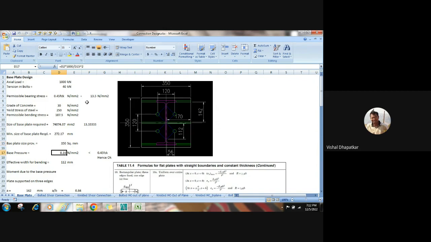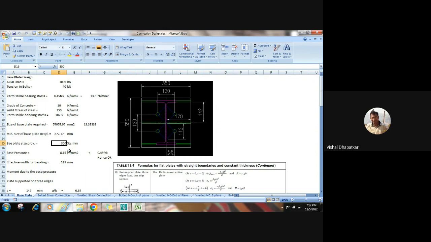It is the same as foundation design, right? During foundation design, we have the load, we consider the bearing capacity, and based on that we work out the preliminary size of the footing required. So it is the same as footing design. So we have worked out the preliminary size or plan size of the base plate.